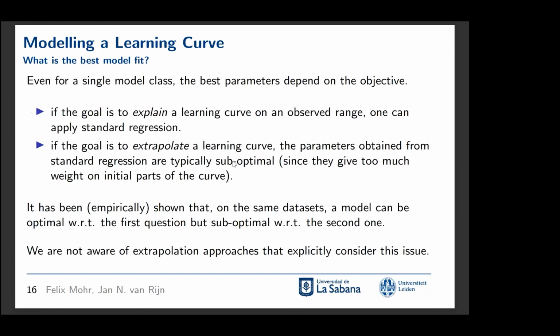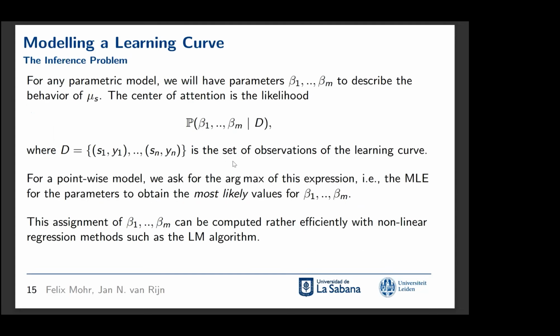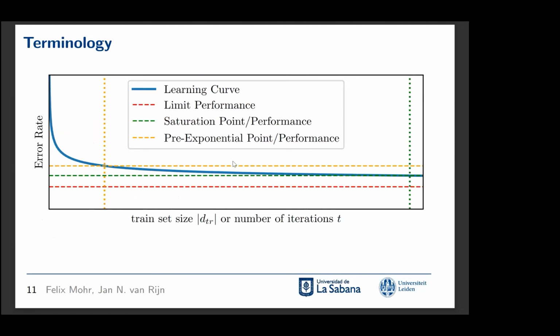But now there's an interesting twist, because we could say, wait a moment, what's the best fit? Going back to this figure, let's suppose we have not yet arrived at this point, but are at this vertical yellow line, and we have made some observations up to this point, as in a scatter plot.